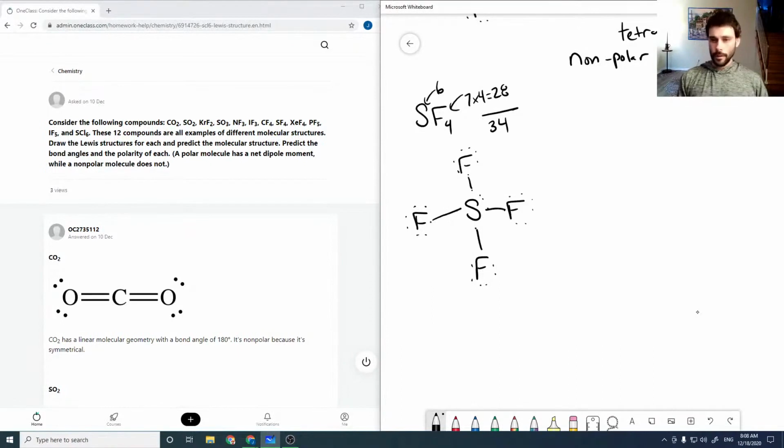Okay. So this guy is going to be something like this. Where that's going into the page, and I have this lone pair coming out of the page. And so this is a seesaw structure.